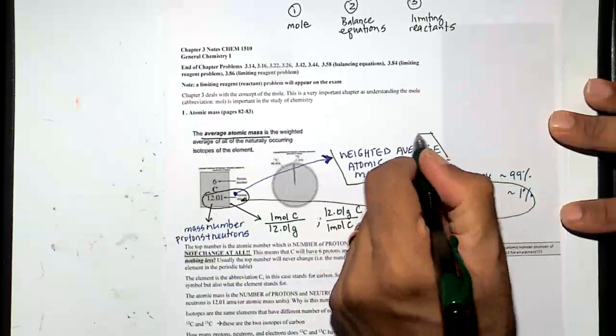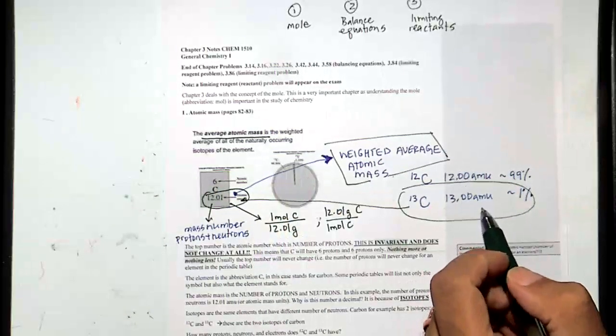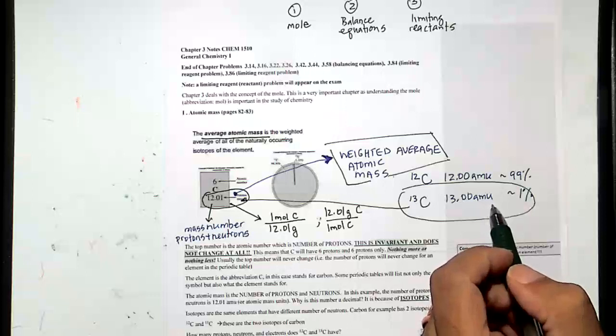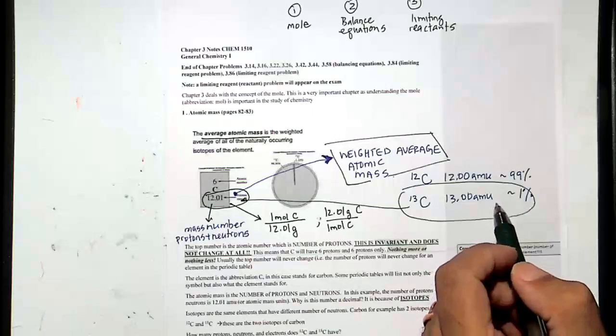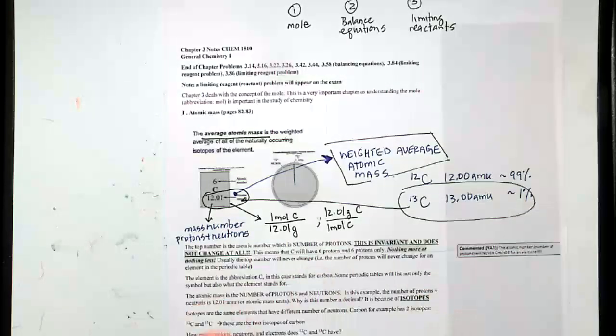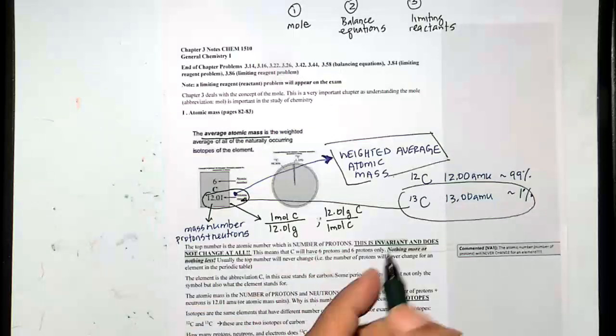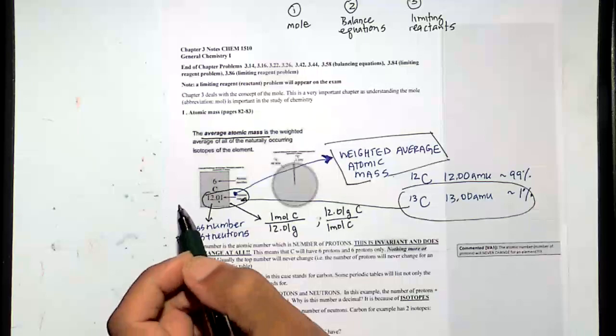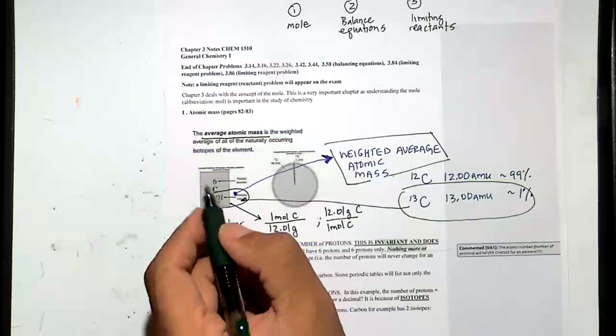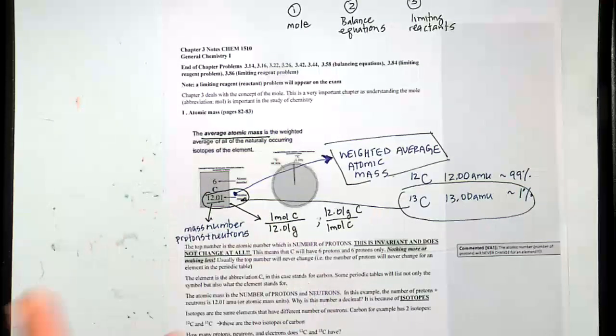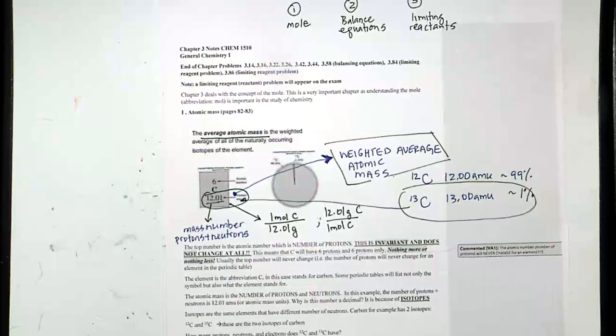That's what we mean by weighted average. That carbon-13 also goes into this number, and that's why it's 12.01, not just plain old 12.